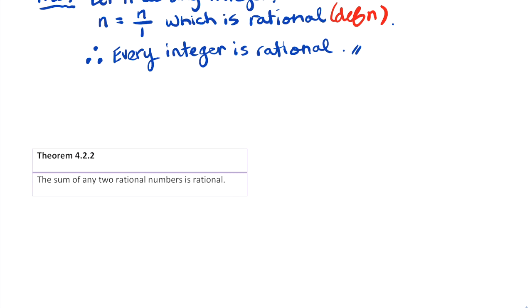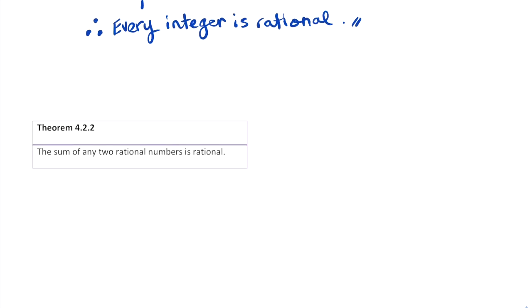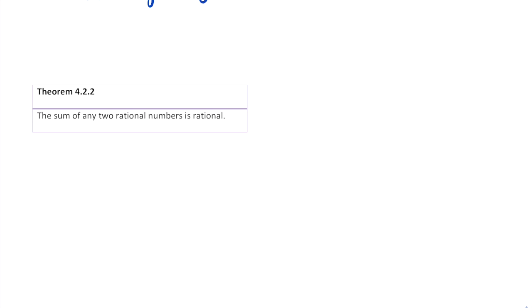Next theorem is theorem 4.2.2. And this theorem states that the sum of any two rational numbers is rational. Now, it's often good to restate something into an if-then format, so that you can prove it. So let's take a look at what's the premise and what's the conclusion in this statement. The sum of any two rational numbers is rational. What do you think this is saying?